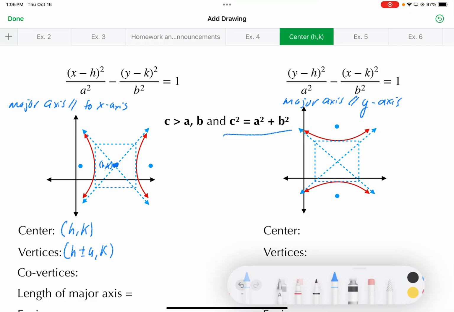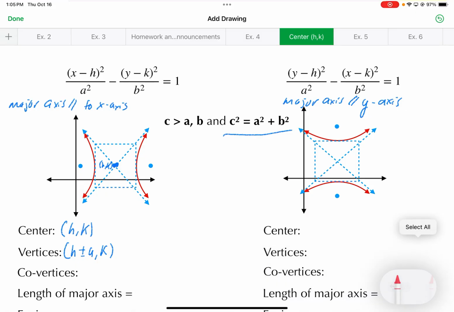All right? Now let's do my covertices. Again, not actual points on the ellipse itself, but I use those points to help me graph this rectangle. That depends on what letter? I guess it depends on a lot of letters, really. But what new letter am I introducing into the mix to help me find my covertices? b, and that's going to affect which coordinate, x or y?